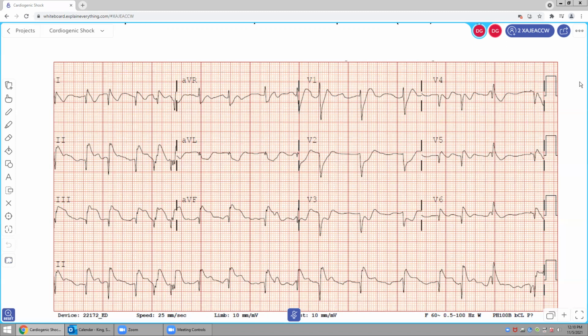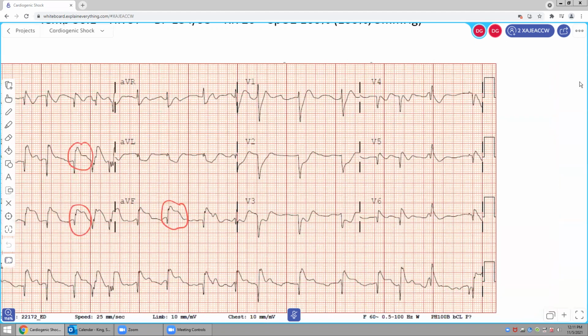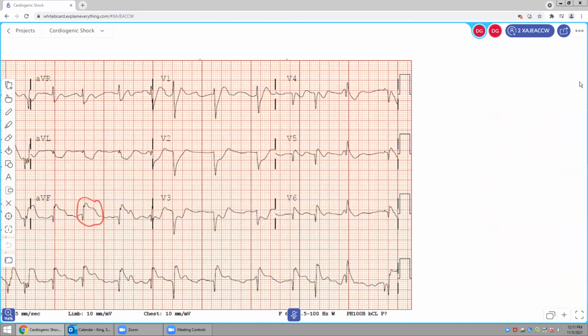We can jump to the obvious portion. What's wrong? Elevated, yeah, where are they elevated? Great. So 2, 3, aVF. Will someone remind me how elevated an ST segment needs to be to be considered elevated? It doesn't even need to be that much.